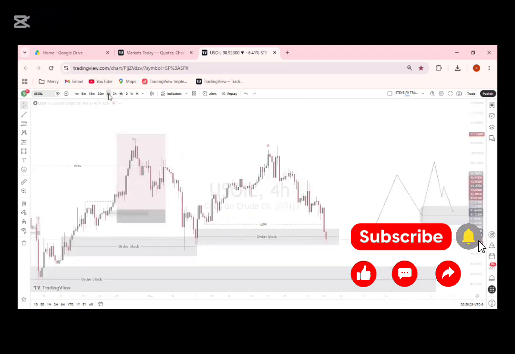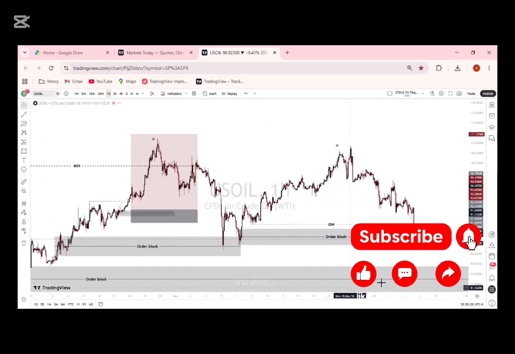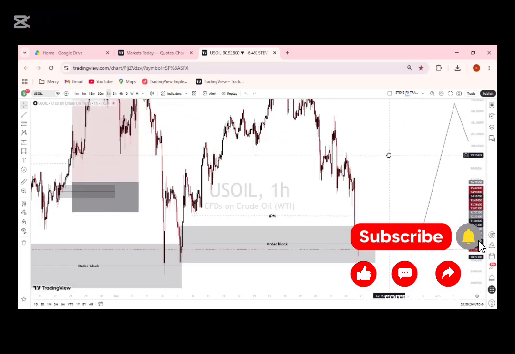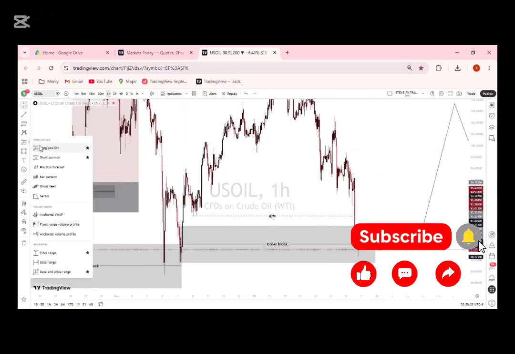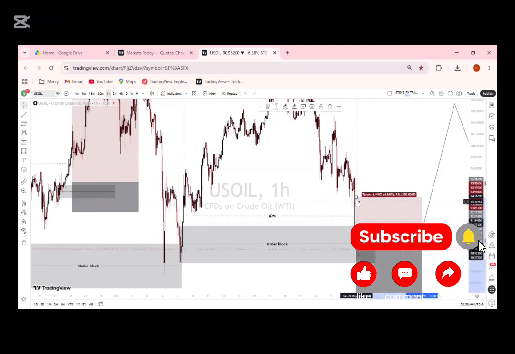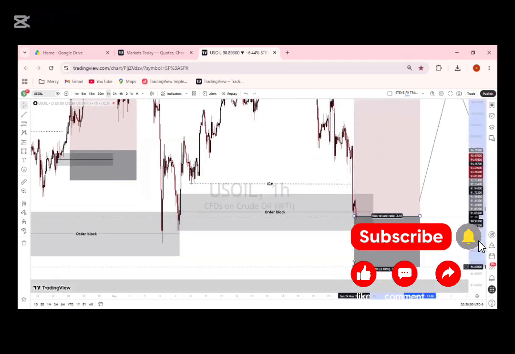So we switch down to our 1 hour time frame. You can see that it is much clearer on our 1 hour time frame. So we have our order block over there, but then we need a further confirmation, or price action to confirm.